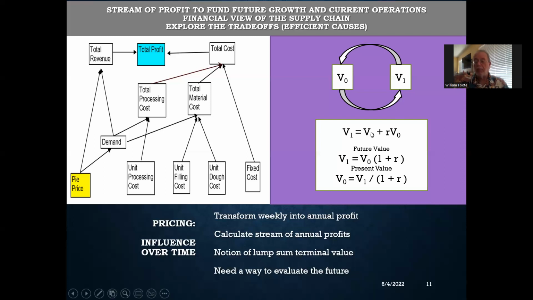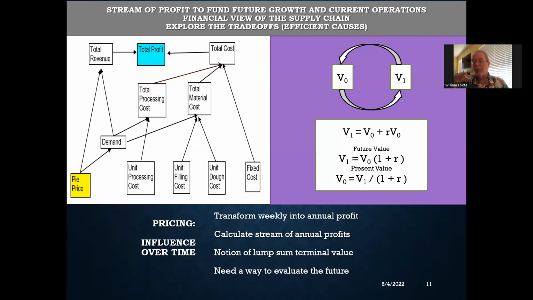And we could mathematically express this as, we start off with V0, and then it grows at a rate R. So we add some growth here. It's value additivity at its finest. Then, because we know a little algebra, future value is equal to the present value times 1 plus the growth rate.